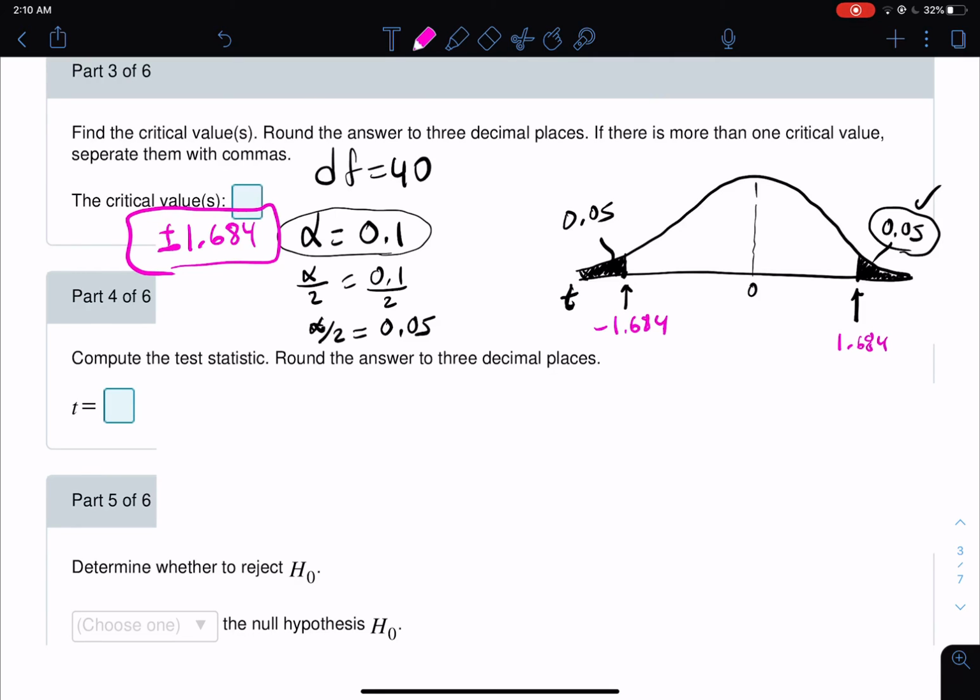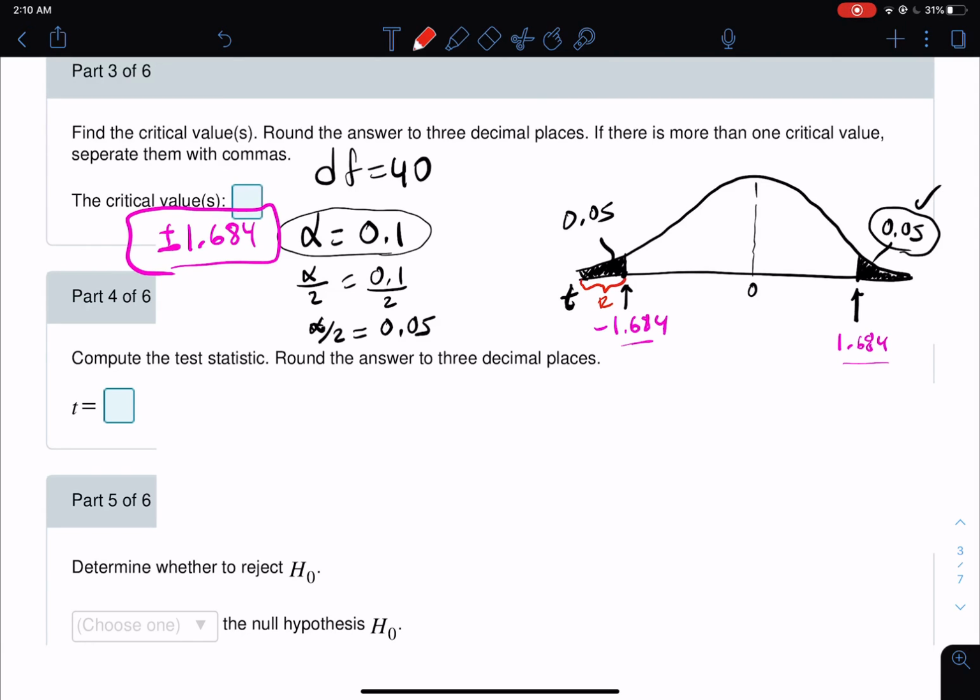All right, now we need to do our test statistic and see what to do here. Now remember, these are our critical values that we've got to use as a guide to reject or not reject. In fact, I think I'm going to put that up right now. If we end up in this region right here, then we reject.